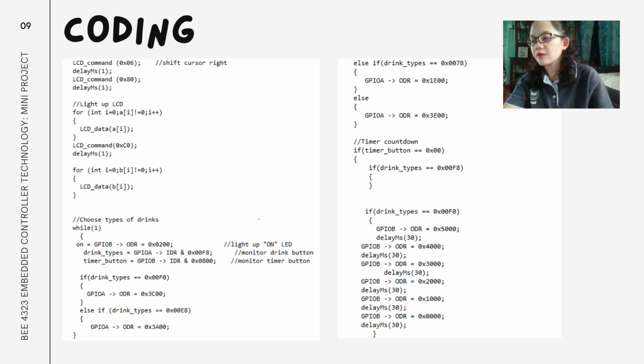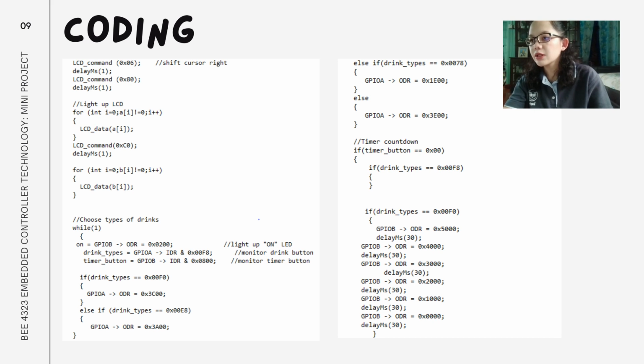And next is the while loop, on equal to GPIOB ODR 0x00, to declare the usage of on for the LCD, to declare the usage of on for the LED. And this is the if condition loop. And next is the timer countdown.